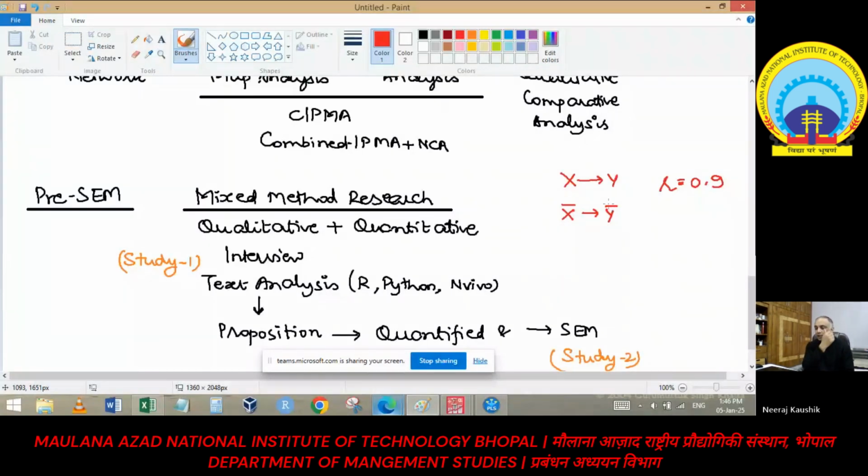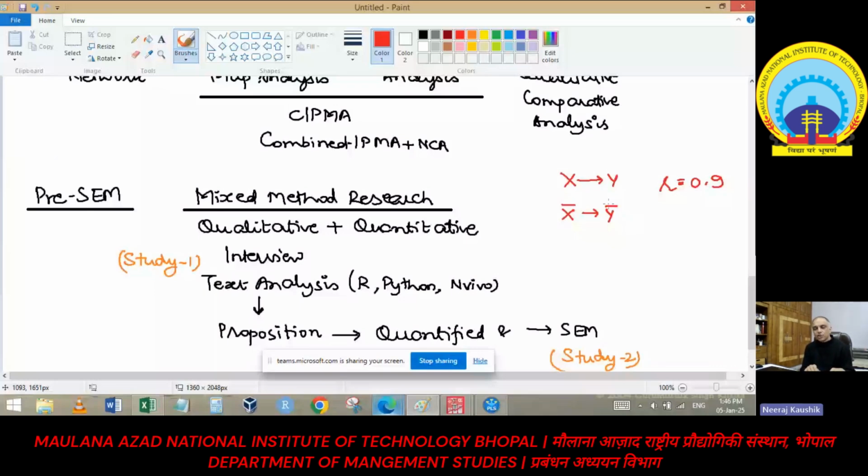So he said X leads to Y: the presence of Sachin will make Neeraj upset and he will misbehave. Now this assertion will be true only when we check the data in the absence of Sachin. If in the absence of Sachin also Neeraj misbehaves or says unparliamentary things, it means it has nothing to do with Sachin.